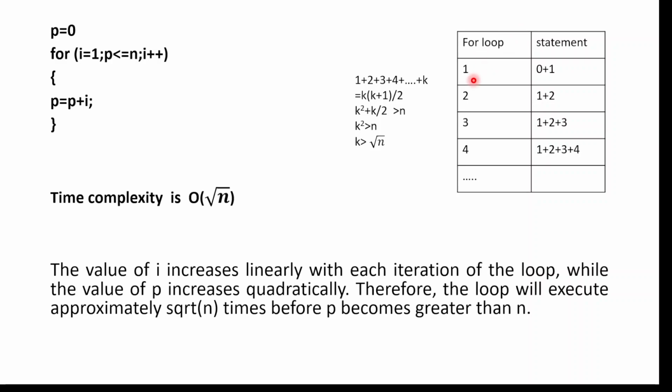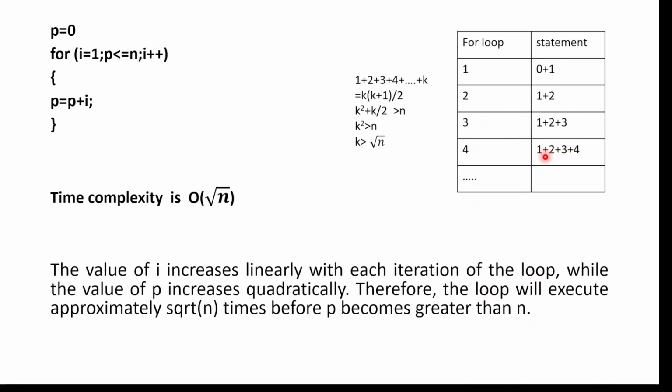Initially i is 1, p is 0, and 0 is less than or equal to n. Let us say n is 5. So 0 is less than or equal to n, and we increment the value of p. The statement is executed once for i equal to 1, and the next time when i becomes 2, p becomes 1 plus 2.